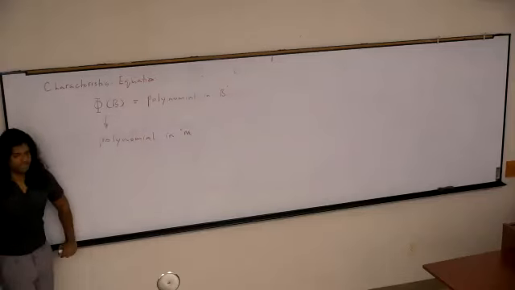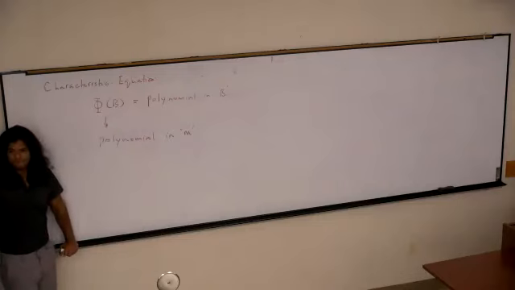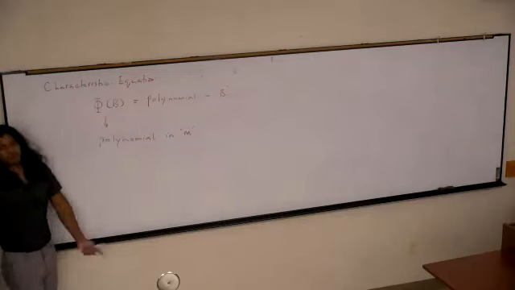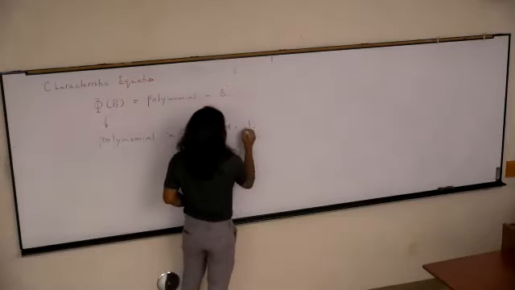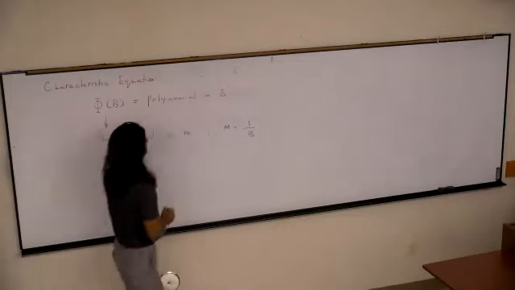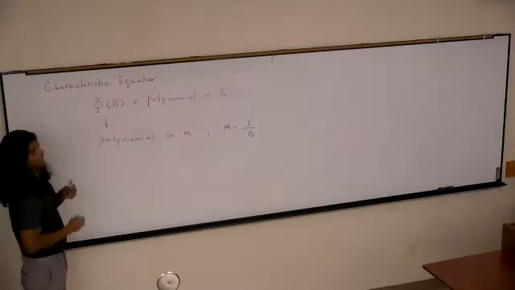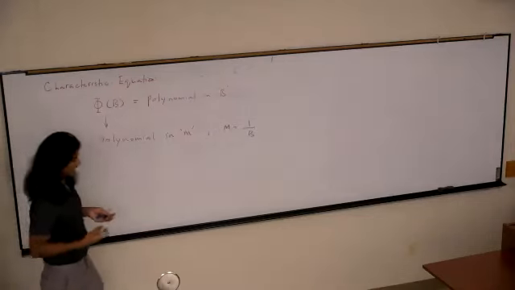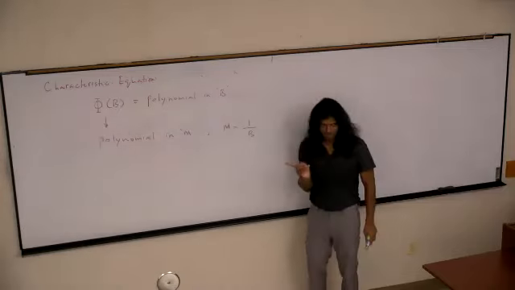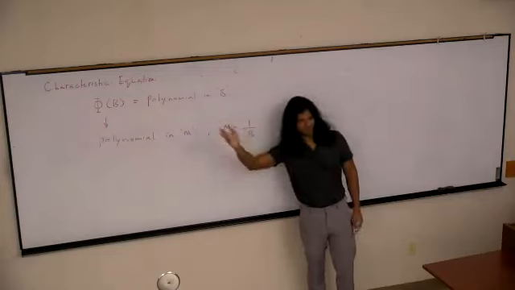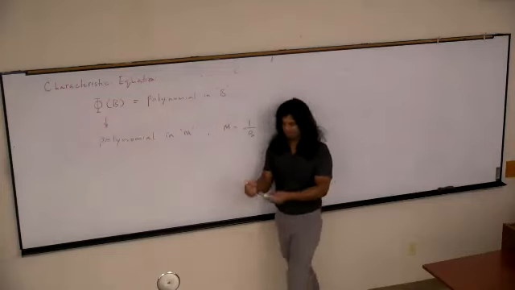And what was the condition last time? m is 1 over b. That works out nicely because we are going to set it equal to 0, so the denominator part is going to go away. What do I mean by that?